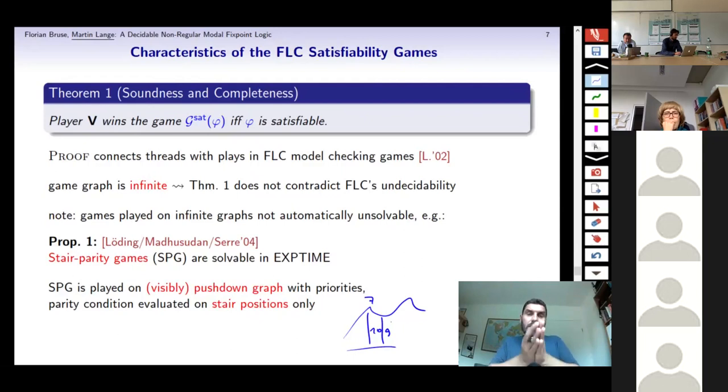So you only look at those stair positions, which are those for which the stack is frozen for the rest of the play. And then you evaluate the parity condition on this. It was shown that these games can be solved in exponential time.